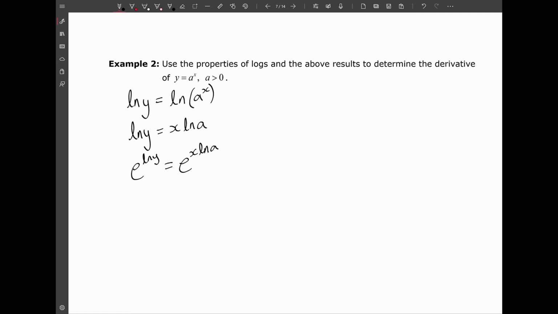But we know from before that e to the natural log of something is just that thing, because of that inverse operation. Remember, natural log is the log base e of y. So e to the power of log base e of y is just y. But this one, because of that x, I can't really do that trick here yet, but don't worry, it's coming.